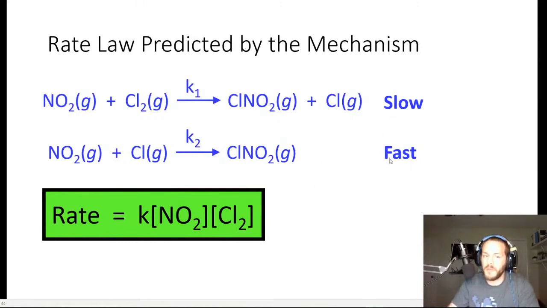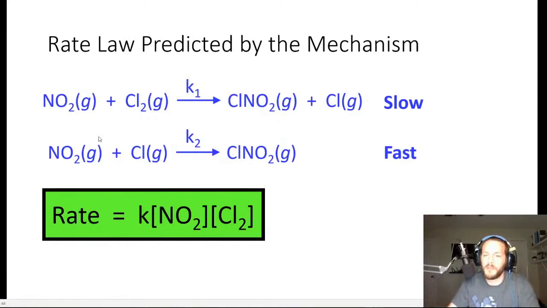And so each one of these elementary steps, step 1 and 2, has its own characteristic rate constant, because each of them has its own characteristic activation energy. The activation energy of the first step happens to be larger than that of the second step. So we would expect K1, the rate constant for the first step, to be smaller than the rate constant for this step here, K2.